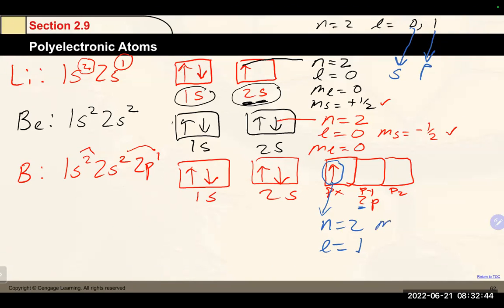Our m sub L in this case actually would be minus 1 only. Because of this, our m sub L could go from minus 1 to 0 to plus 1. And that basically is how these orbitals are written, minus 1, 0, and plus 1 coming this way, again for our px, py, and pz orbitals going across there. And our spin on this particular one is going to be plus 1/2 as it is heading in the upwards direction. Any questions on any of those there?